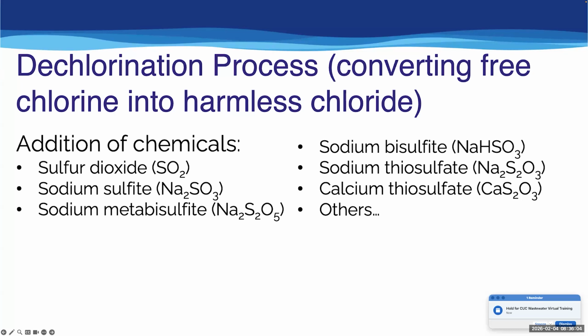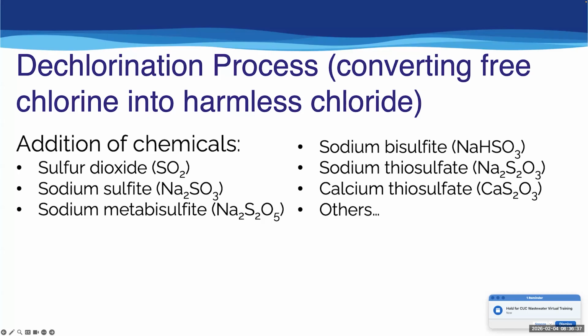The other idea is to turn that disinfecting, active, toxic version of chlorine into something else, because there are a lot of compounds that have chlorine in them that are non-toxic, like table salt, for example. That's sodium chloride. Which of these you're going to use is obviously dependent on the equipment and the system that your plant has designed.